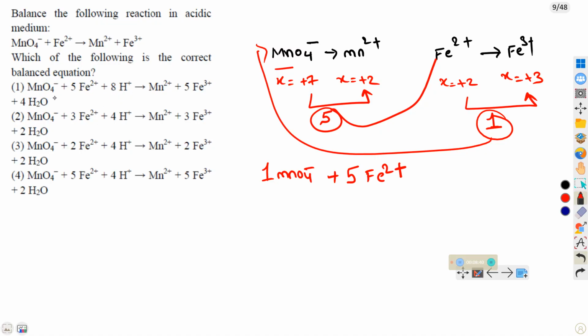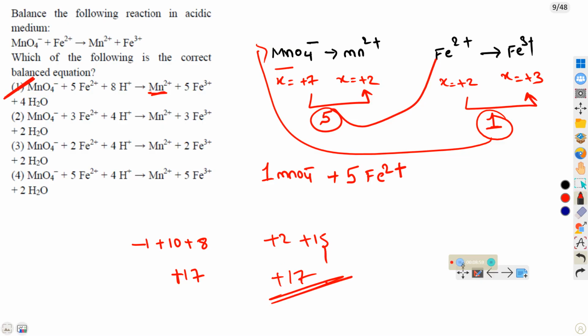Now check the charge. Reactant total charge: minus 1 plus 2 into 5, 10, now plus 8, minus 1 plus 10 plus 8 is plus 17 on the reactant side. Product side: plus 2 plus 15, plus 17. Everything is balanced, so the correct option is the first.